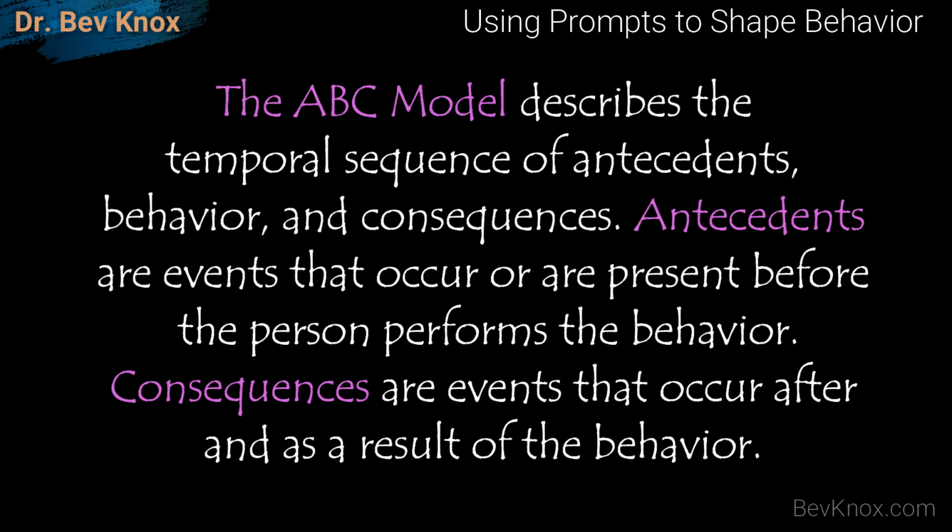So in the ABC model, the A is for antecedents, the B is for behavior, and C for consequences. Antecedents are events that occur or are present before the person performs the behavior, which is B. And C, consequences are events that occur after and as a result of the behavior.